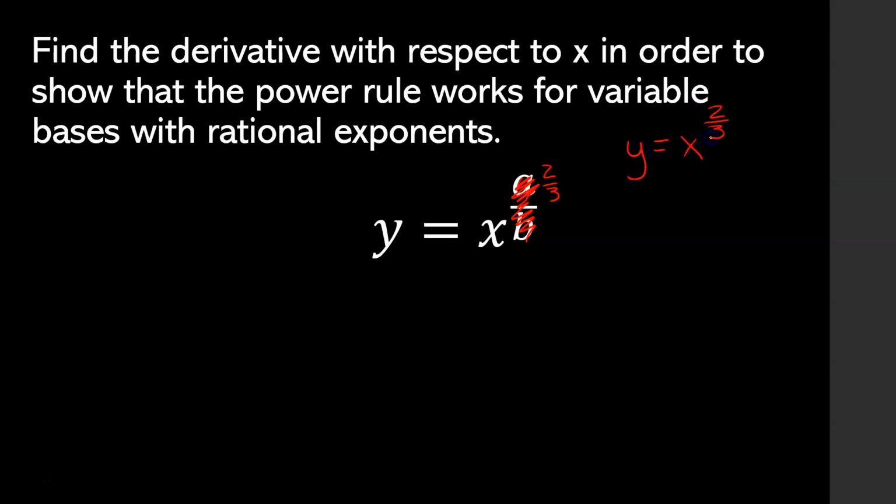Now I said that the power rule is going to work, but we should be using things we already know to prove things we don't know. So I know that the power rule works for x squared or x cubed or things like that. So can I get rid of either the 2 or the 3? Well, let's get rid of the 3.